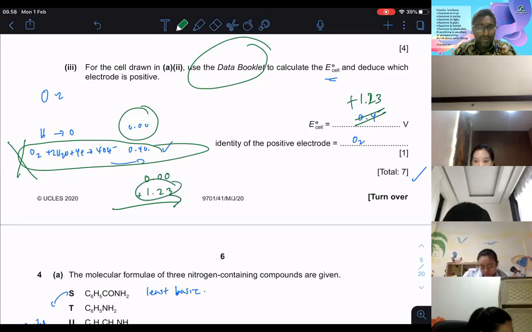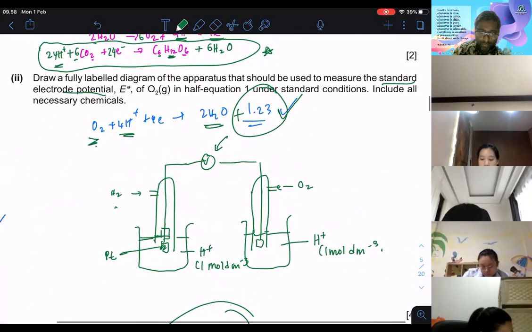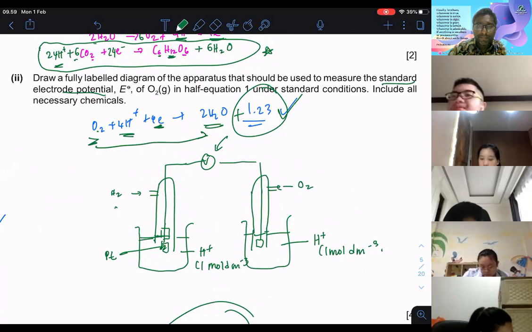If you go to the right, the equation that I am going to use is this one: O2 plus 4 electrons, so this is going to be plus electron. If you are gaining electrons, is it the positive terminal or negative terminal? Charlton? Negative. How come? You study physics also, right?